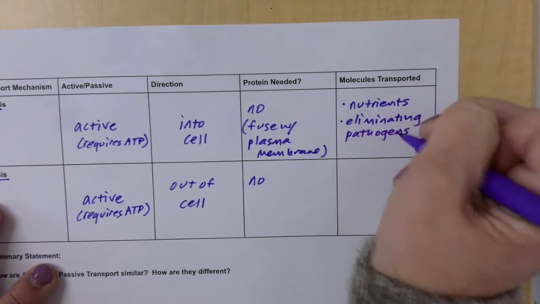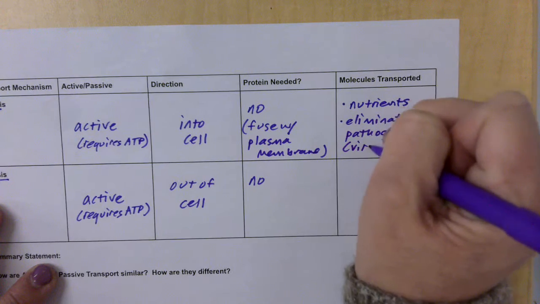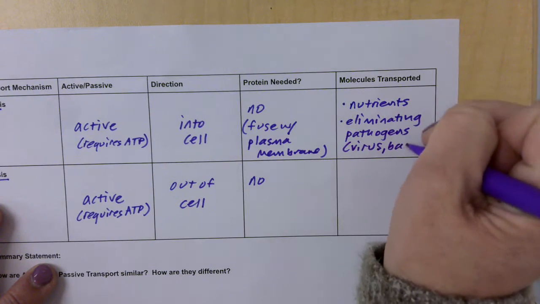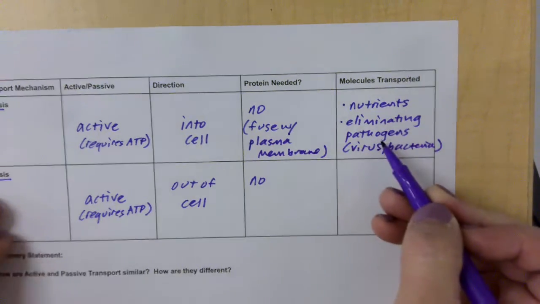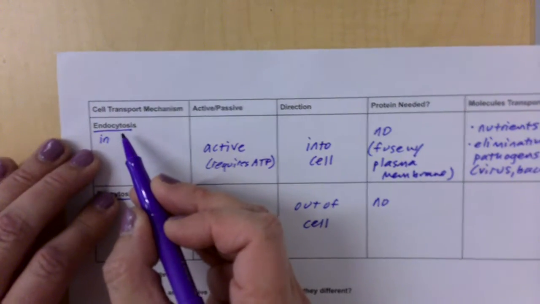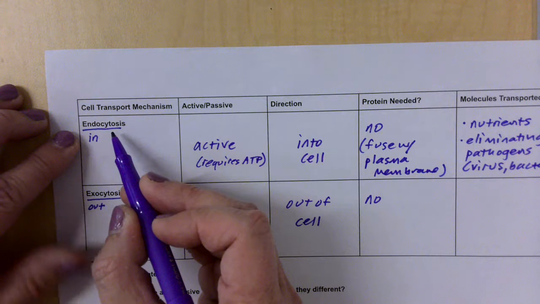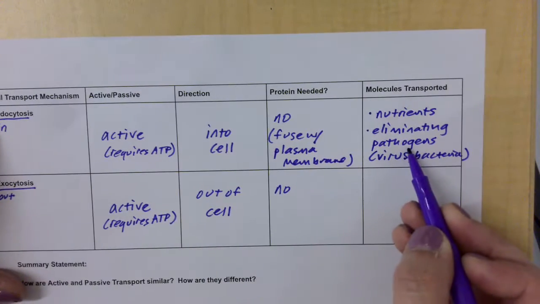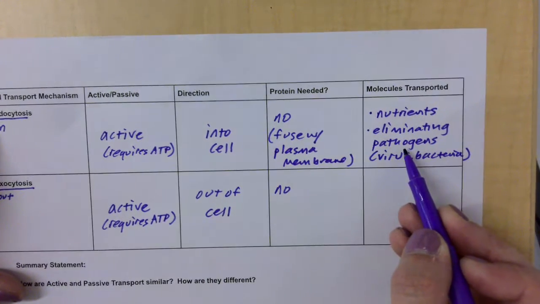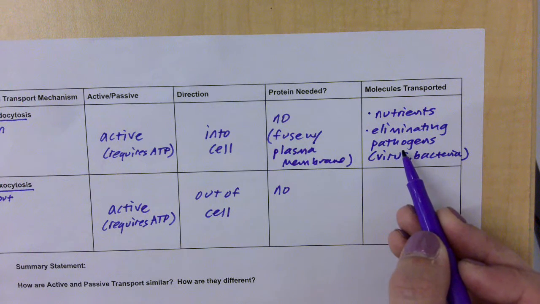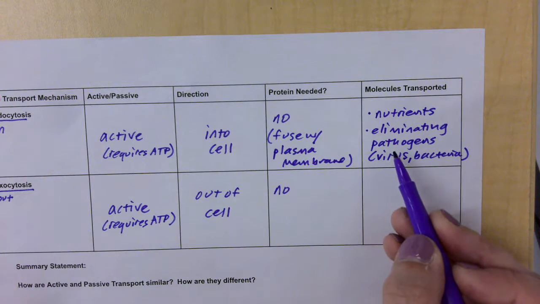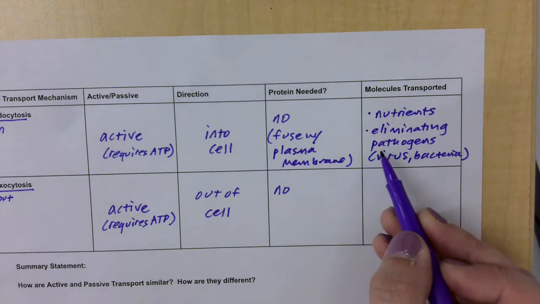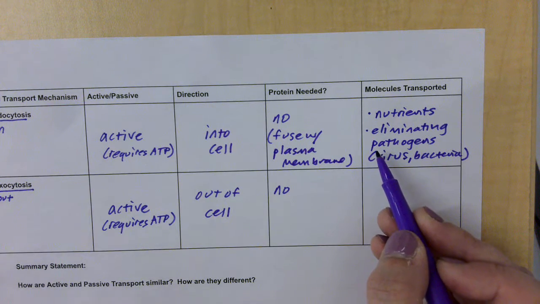So things like the viruses, like coronavirus, bacteria, and your white blood cells are notorious for doing this, for actually going through endocytosis, encapsulating a pathogen with the cell membrane, and then dissolving it and killing it off within. And it would have to probably, right, use the lysosomes that are full of enzymes to then digest it, right?